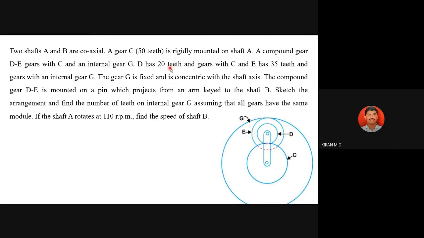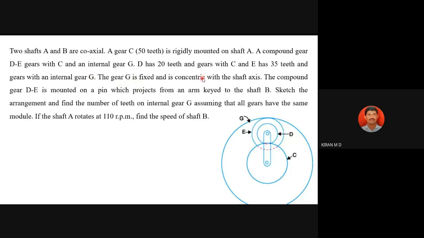D has 20 teeth, the smaller gear, and gears with C. E has 35 teeth and gears with G.